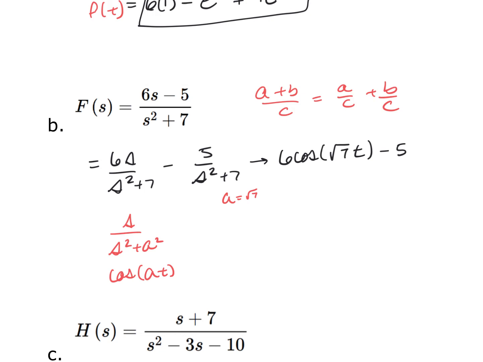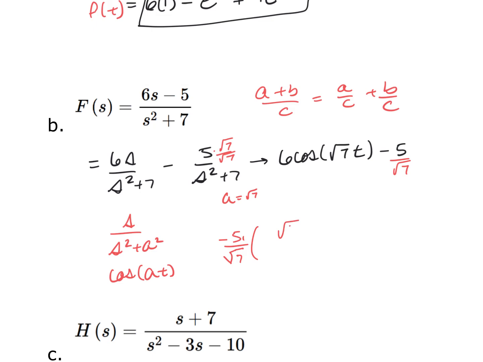So if I write this as 5 multiplied by the square root of 7 over the square root of 7, then not only am I going to pull out a 5, I'm also going to pull out the denominator, which is the square root of 7. Then this is going to be negative 5 over the square root of 7, so let me write this as the square root of 7 over the square root of 7.